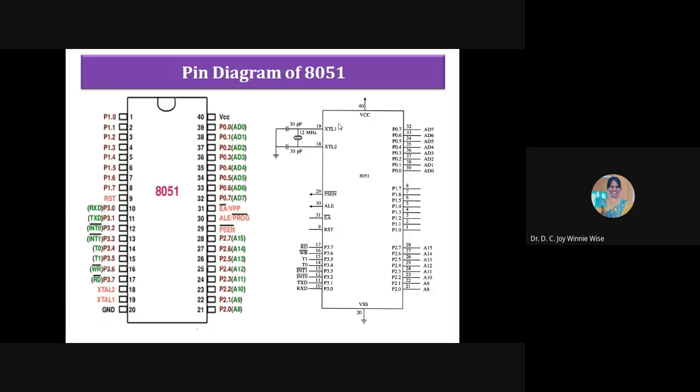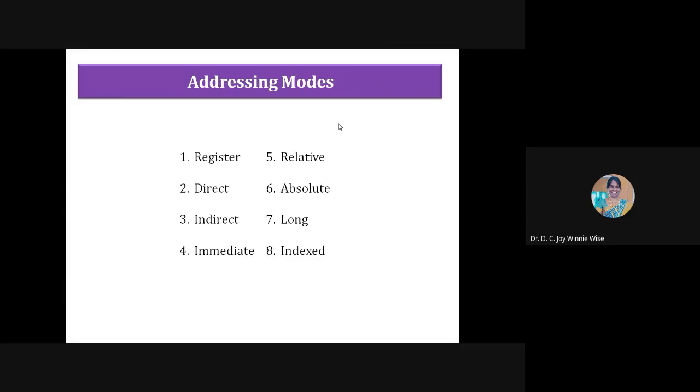Okay, so now next go to the addressing modes. There are 8 addressing modes we have: register addressing, direct addressing, indirect addressing, immediate addressing, relative addressing, absolute addressing, long addressing, and index addressing. So these are the 8 addressing modes available in 8051.